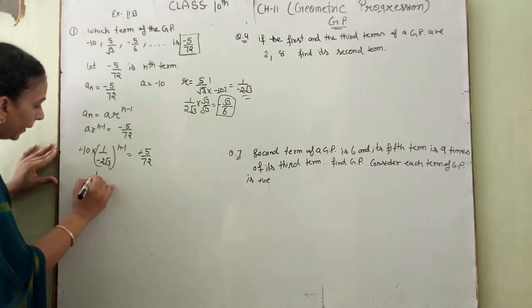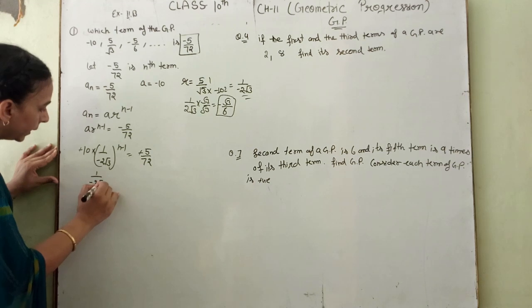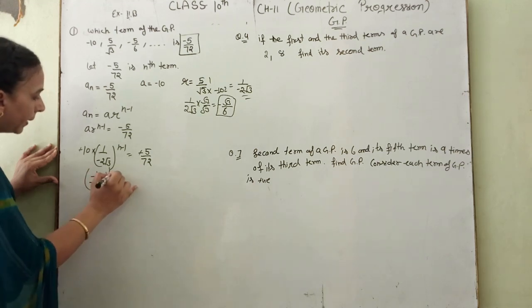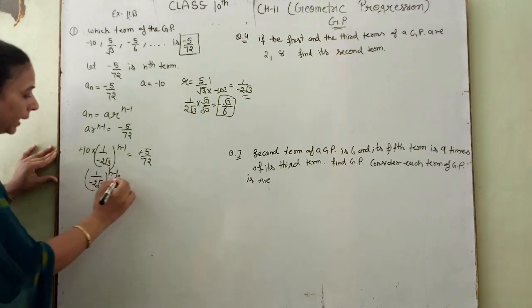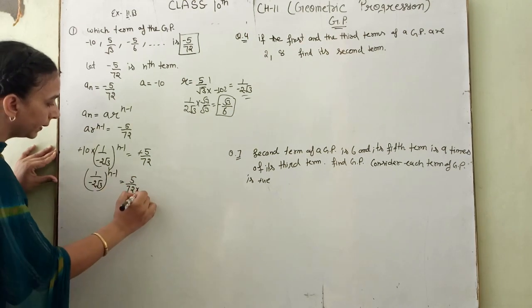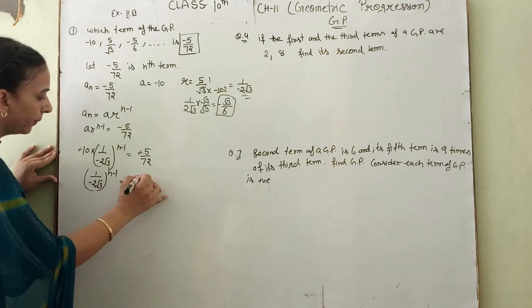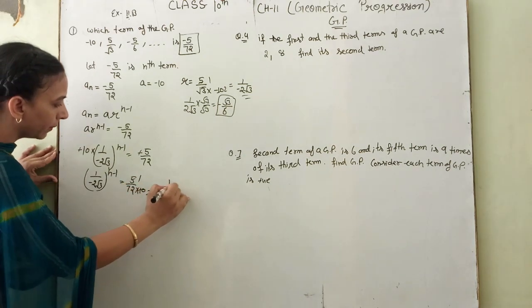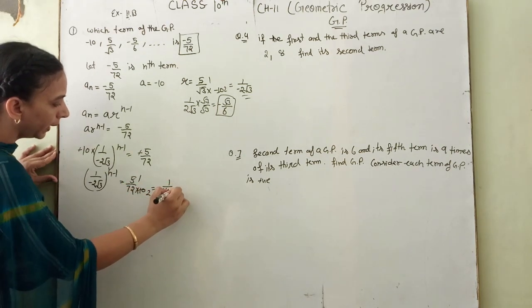Then 1 by minus 2 root 3 raised to the power n minus 1 equals 5 by 72 divided by 10, which equals 1 by 144.